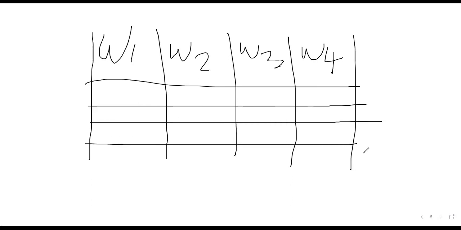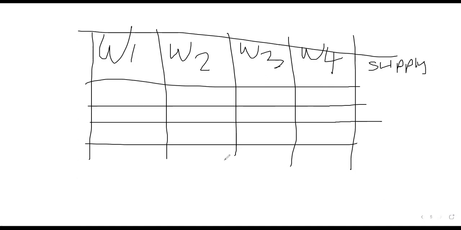So this is on our supply. And then this is on our demand. Okay. So we have 15 here, 16, 12, and 13.